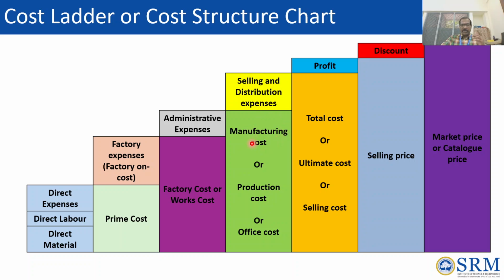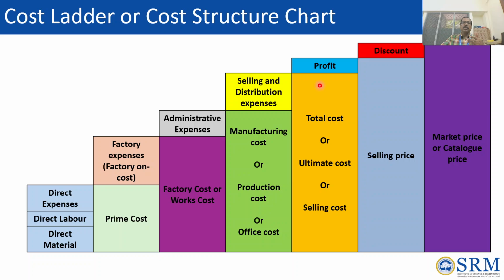Manufacturing cost means how much we are spending in the industry on labor and material, whether direct or indirect. With the manufacturing cost, adding the selling and distribution expenses, we end up with the total cost. By adding the profit to the total cost, we set the selling price. With the selling price and discount, we get the market price.